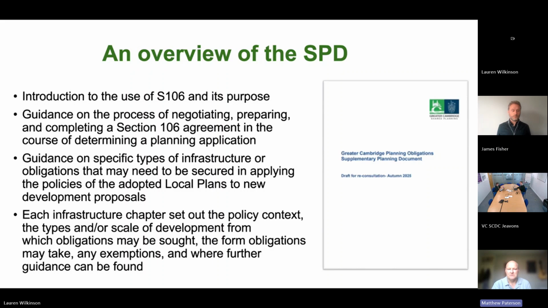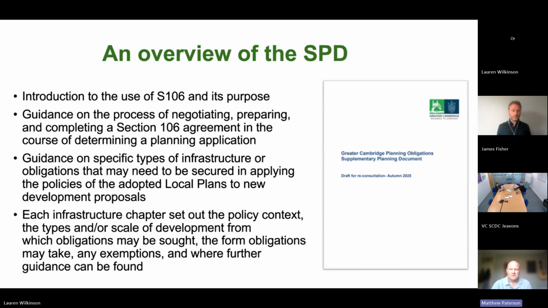And then it has various chapters throughout dealing with the specific types of infrastructure that obligations may need to be secured for, applying the local planning policies as they currently are. Each of those chapters sets out the policy context, so links back to the local plan policies themselves, and then deals with the nature, scale and type of development to which obligations may be sought. And then there are further sections that deal with the form of those obligations.